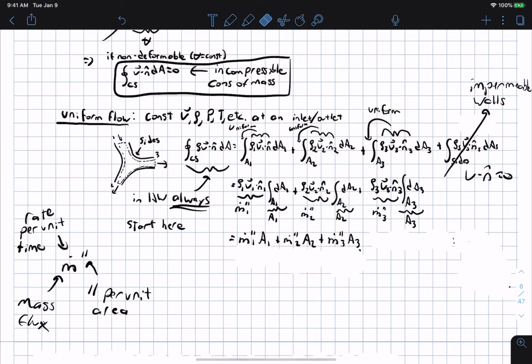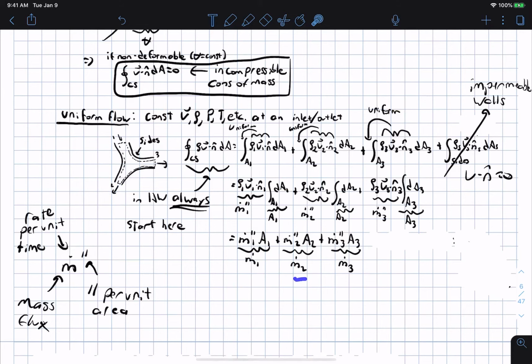So this entire surface integral reduces to a sum of the mass fluxes times all of the areas. This here is m dot going in, so that's m dot 1. This is m dot 2, which is leaving.